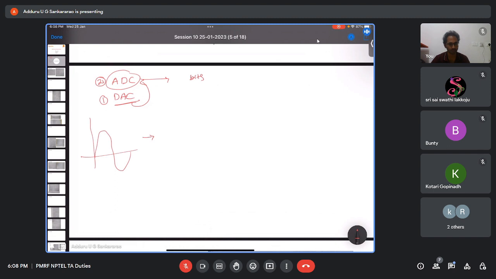So what we need to do is first pass this signal through a sample and hold circuit. Then we will get samples. Then quantization will be done. Quantization, hope you know. After the quantizer output, we will give it to an analog to digital converter.